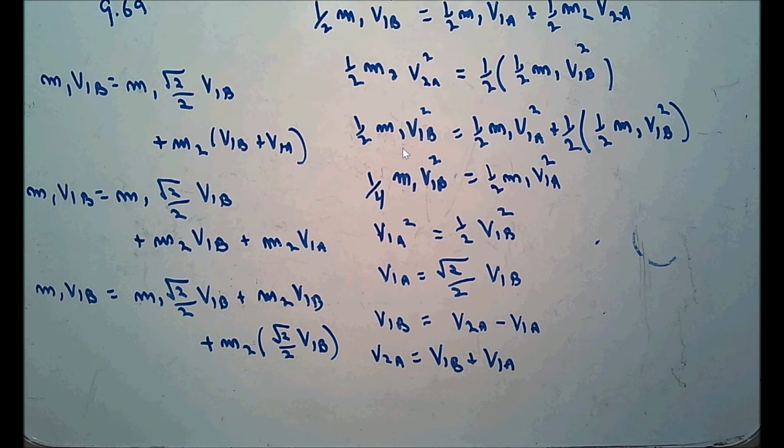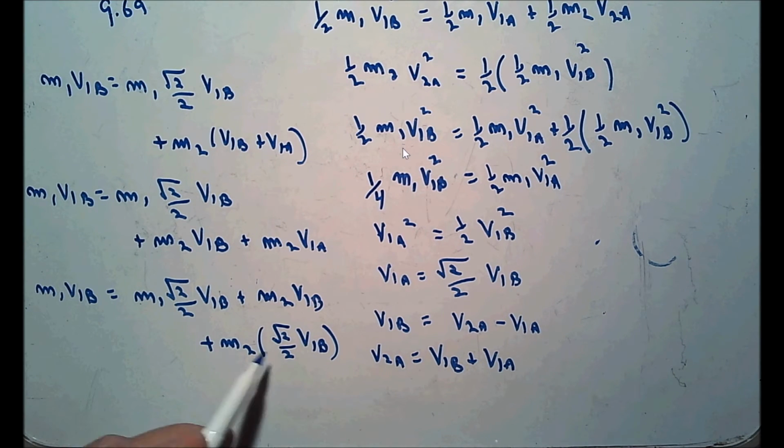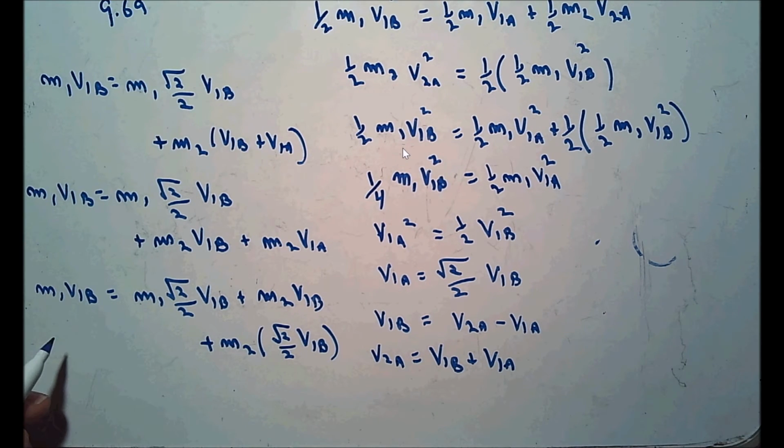All of these have the V1 before now, so I should be able to eliminate the velocities of 1 before.